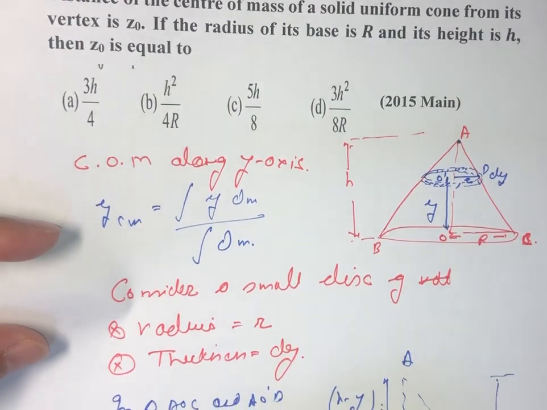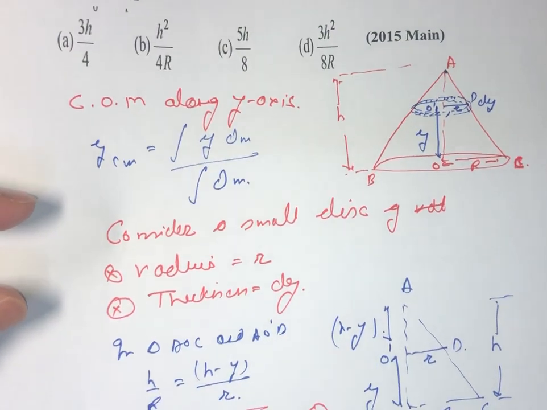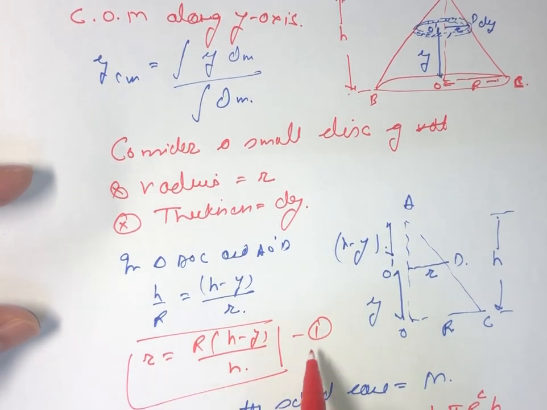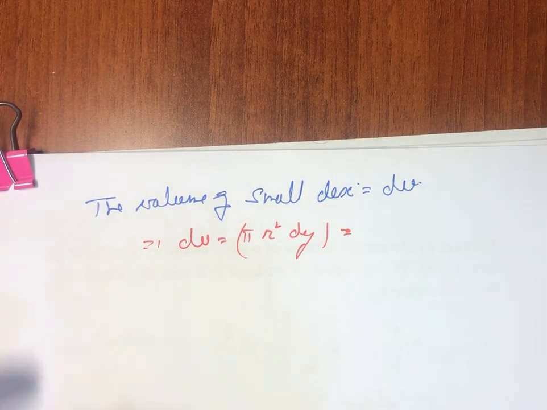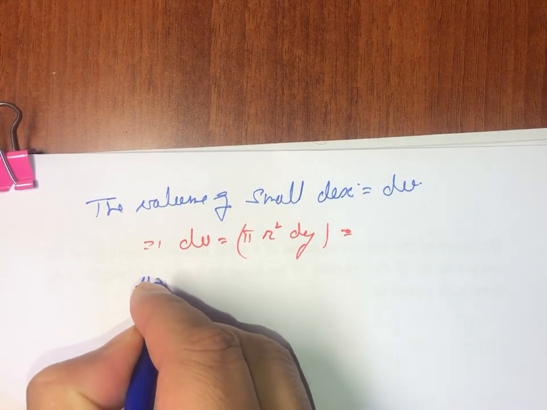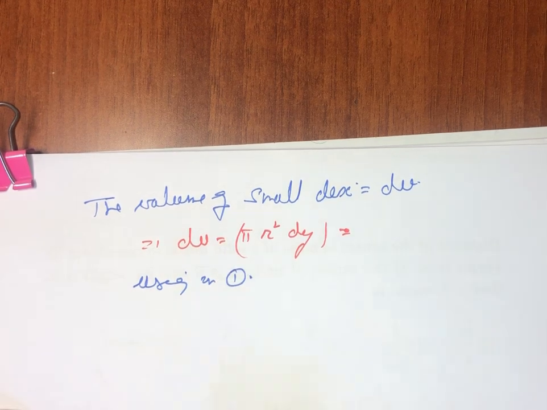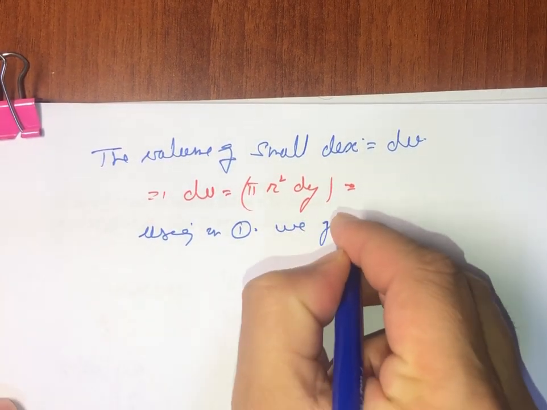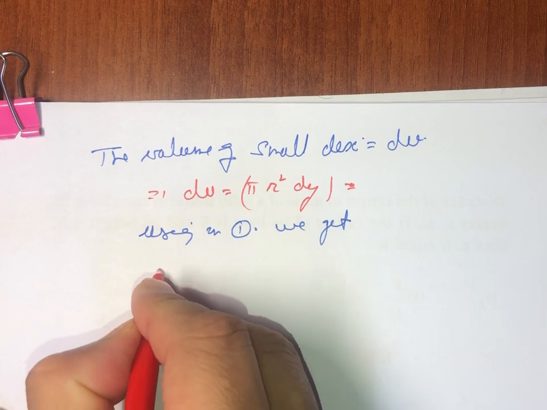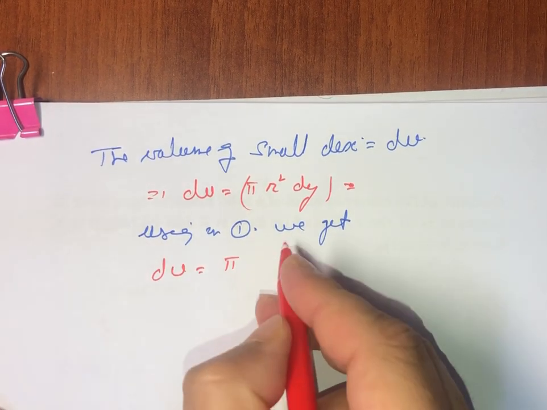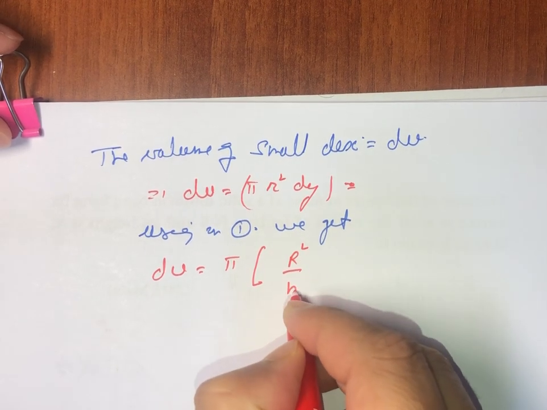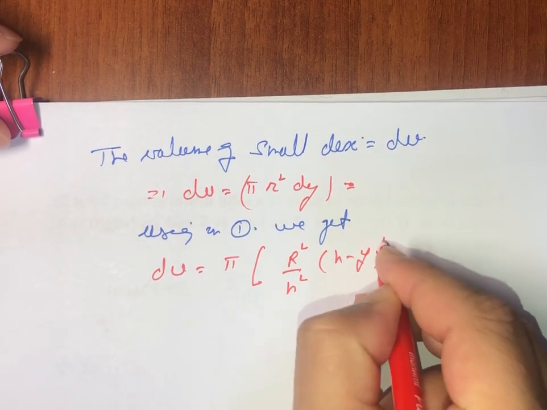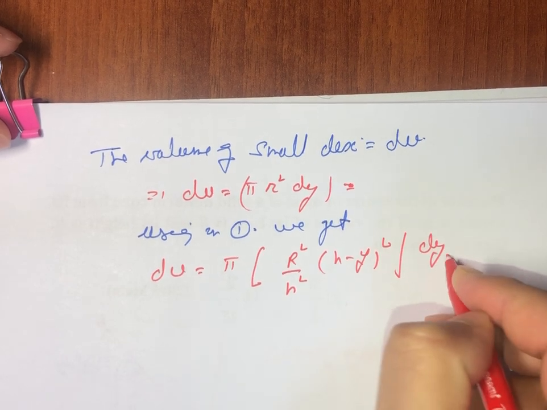Let us call this equation 1. So using equation 1, we get the volume dV equal to pi R square h minus y whole square, multiplied by dy.